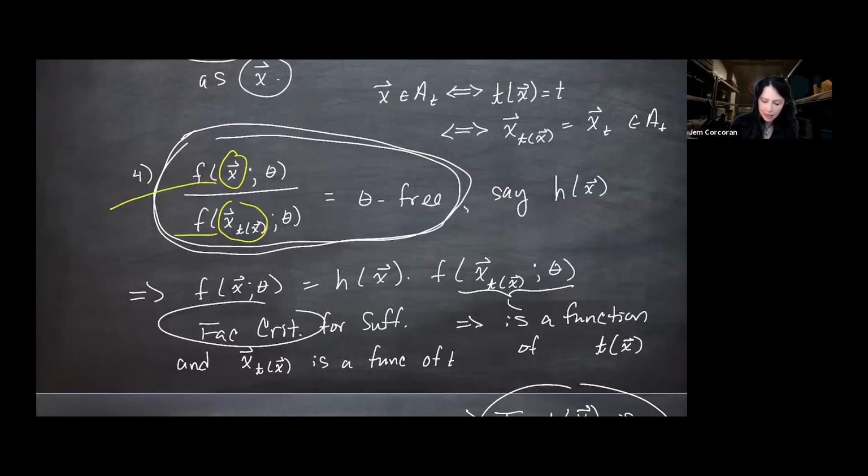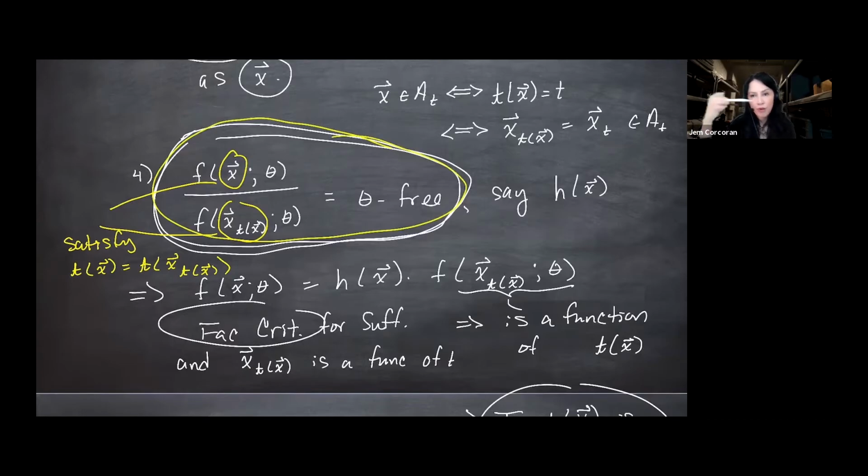These guys map to the same thing under T. So these guys satisfy T of the vector X is equal to T of the vector X sub T of the vector X. You have a headache yet? And so because they are equal when going through the function T, under the assumption of the criterion, that implies that this is theta free.